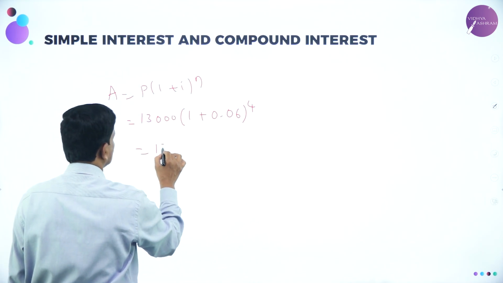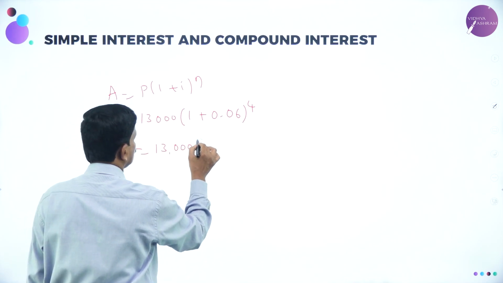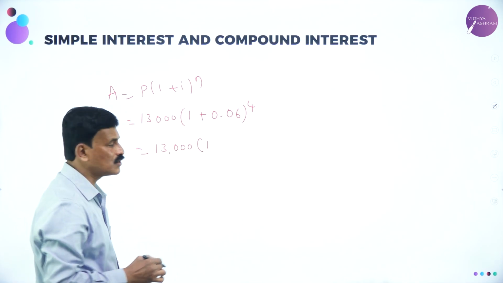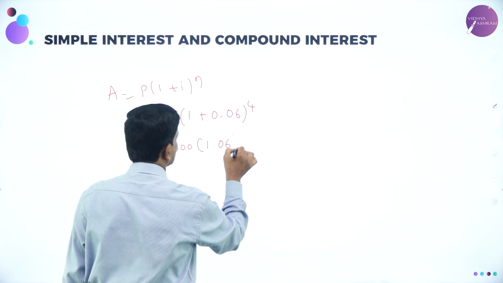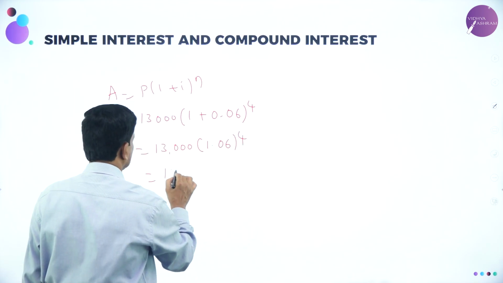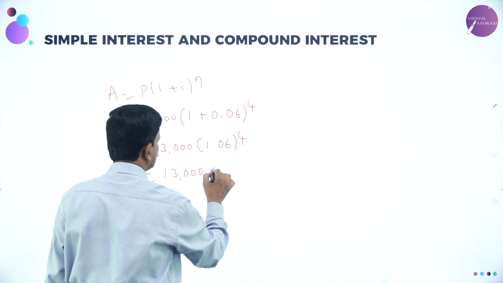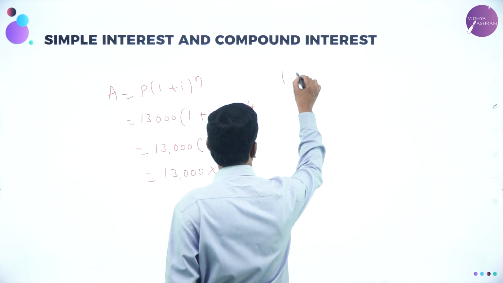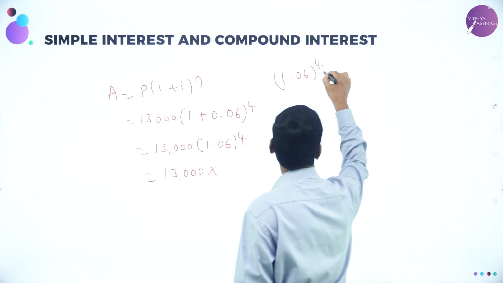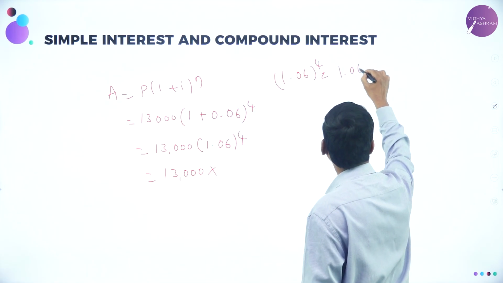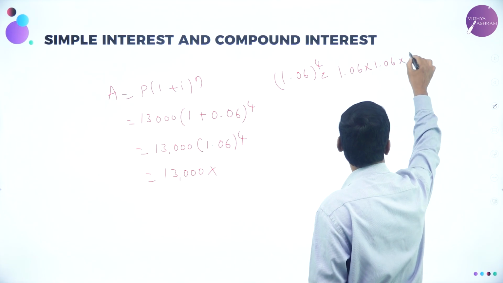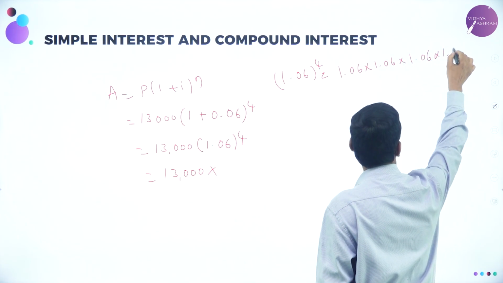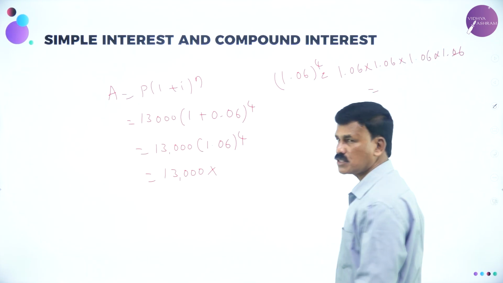So this is 13,000 into 1 plus 0.06 is 1.06 whole to the power of 4. If you multiply 1.06 four times, what will you get? 1.06 into 1.06 into 1.06 into 1.06.